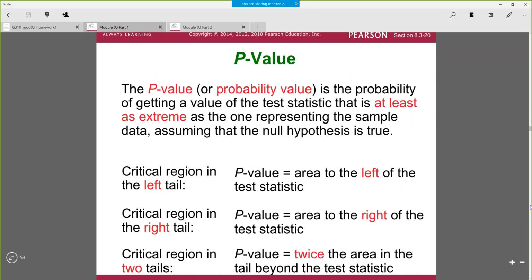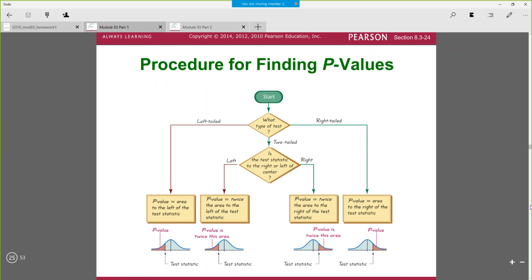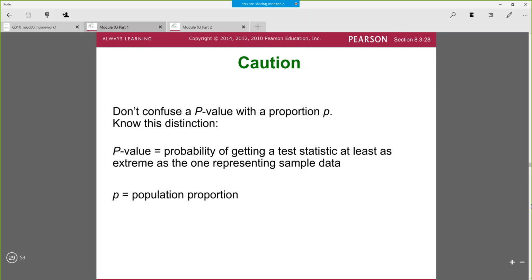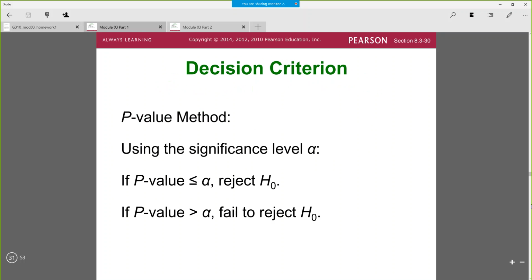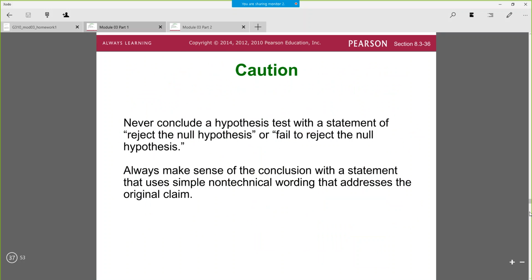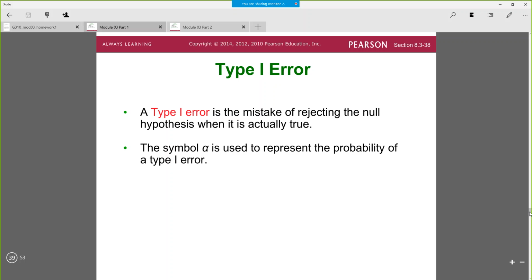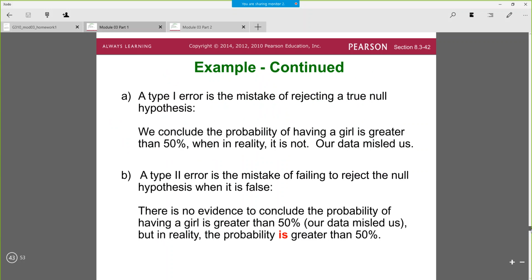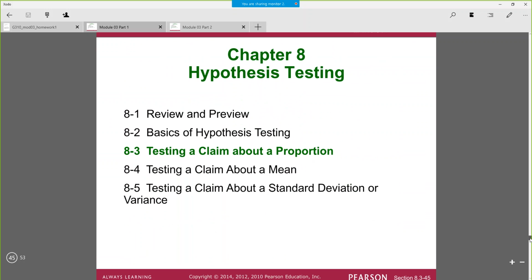So for the p-value method, I'm going to be skipping these because you can read those on your own. I'm going to move on to the spreadsheet to show you how to do hypothesis testing with the proportion.